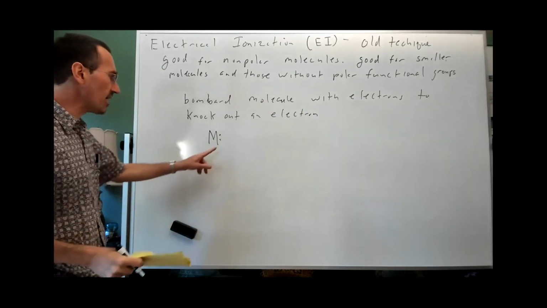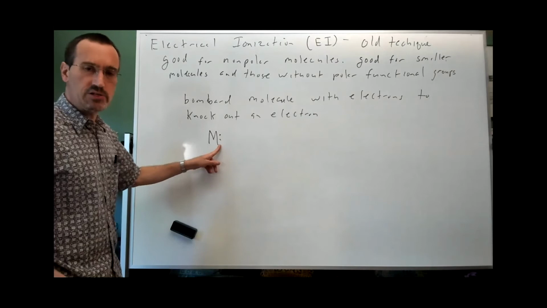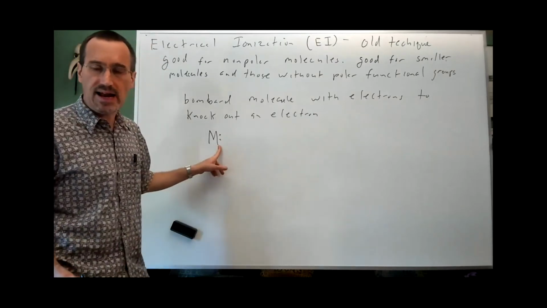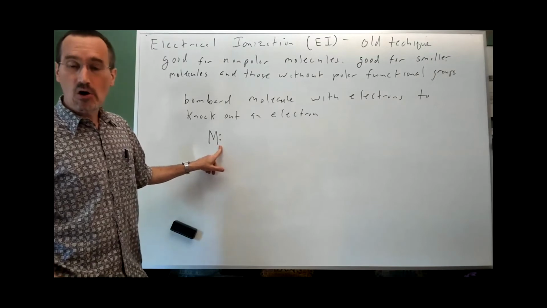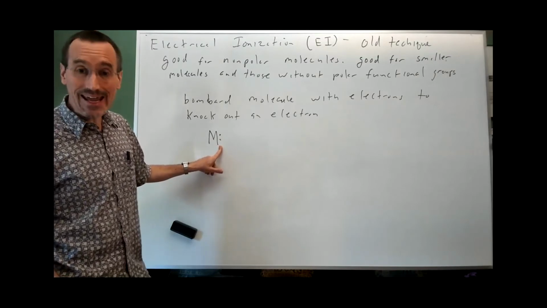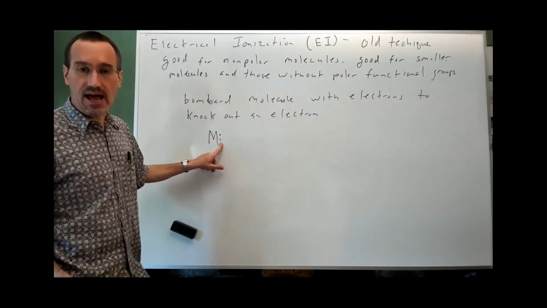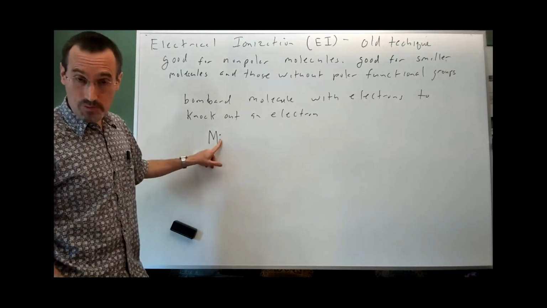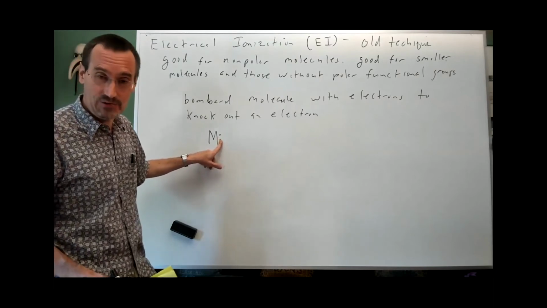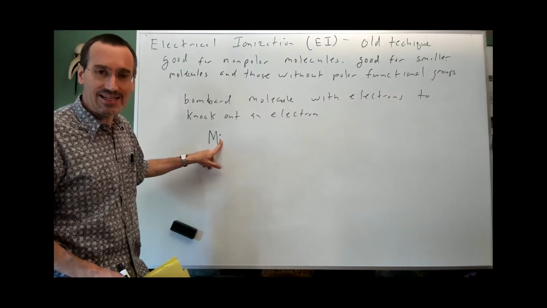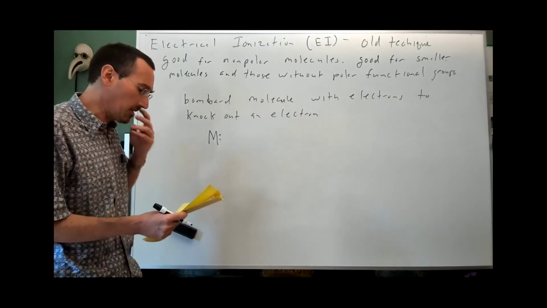So that could be a ketone or an ether, but honestly, we could also use an alkene or an arene that didn't have any lone pairs of electrons, or even an alkane, where instead of knocking an electron out of a lone pair, or instead of knocking it out of a pi molecular orbital, we're knocking it out of a sigma bond. So all of this should mess with you.